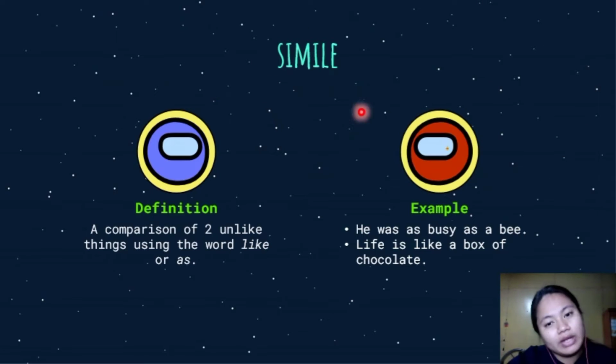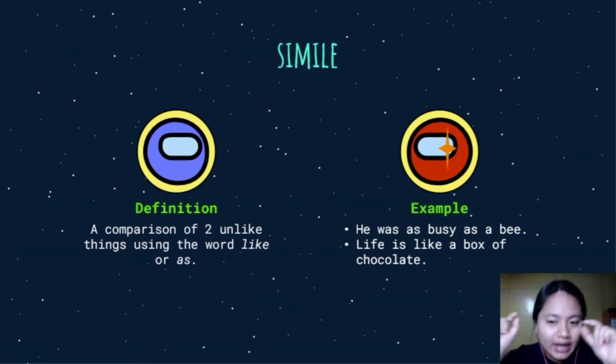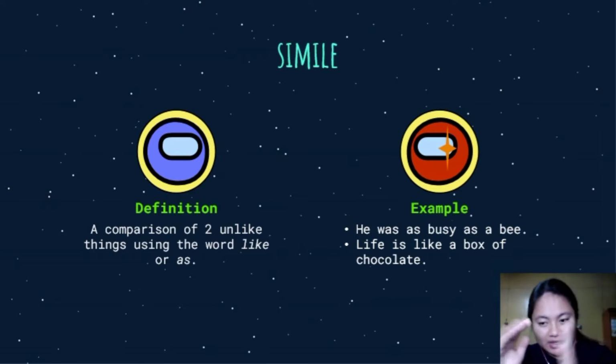First, we are going to talk about simile. Simile is a comparison of two unlike things using the word like or as. So here's the key: two unlike things, the word like or as. The example here: he was as busy as a bee. The word used here to indicate simile is the word as. As busy as.